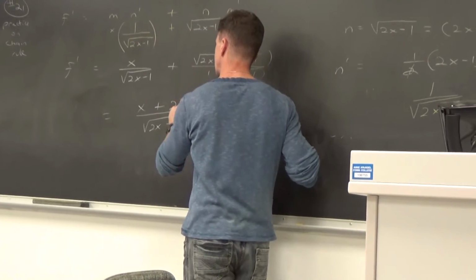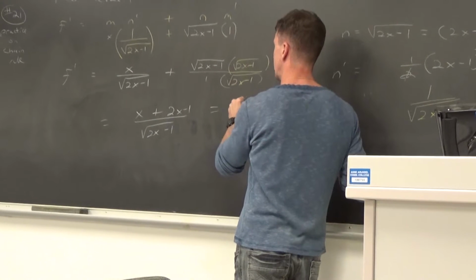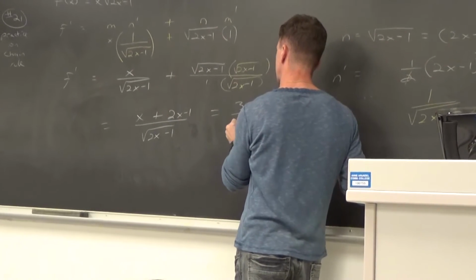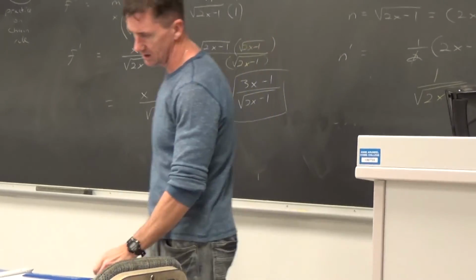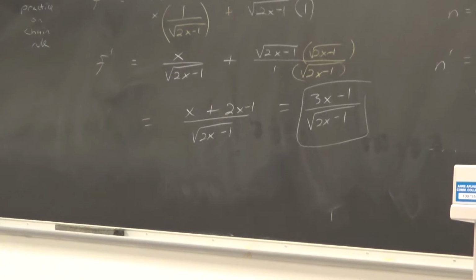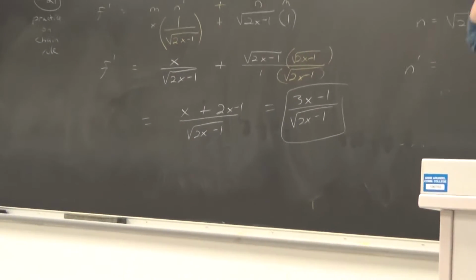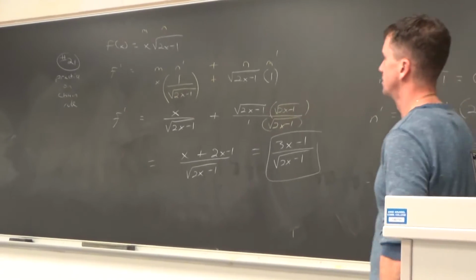Do you see how you can leave this answer? You've got like terms in it. Like terms, 3x minus 1 over the square root of 2x minus 1. Ta-da! A lot neater than that other expression. Good job. Let's do 23.